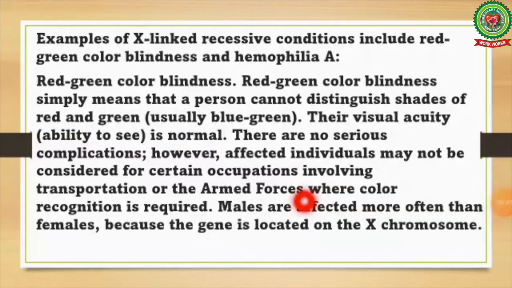Their visual acuity, the ability to see, is normal. There are no serious complications. However, affected individuals may not be considered for certain occupations involving transportation or the armed forces, where color recognition is required. Males are affected more often than females because the gene is located on the X chromosome.